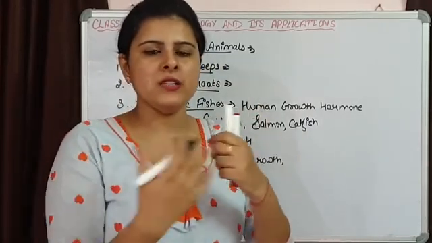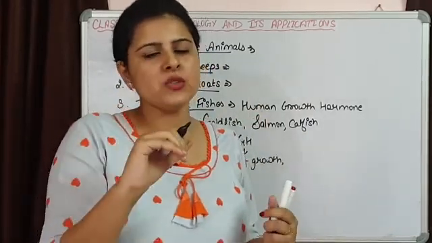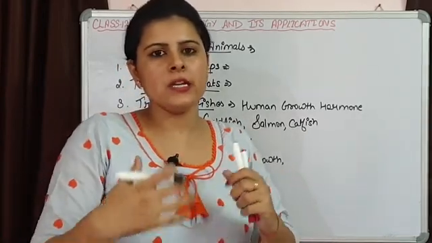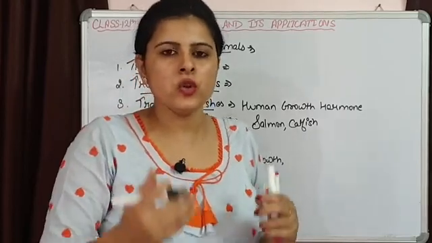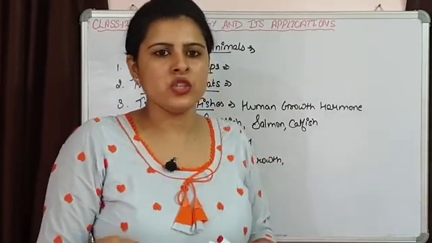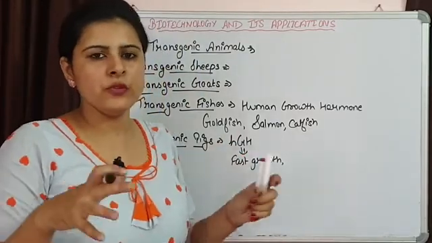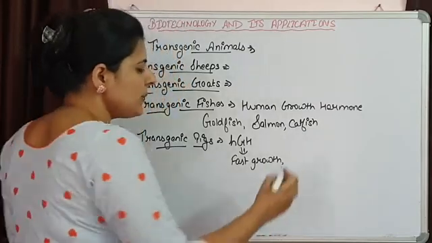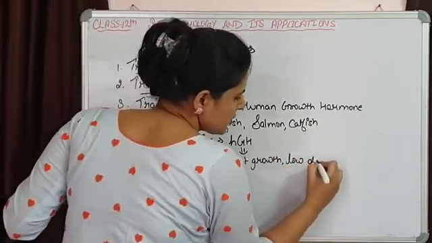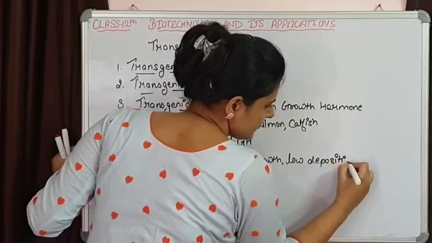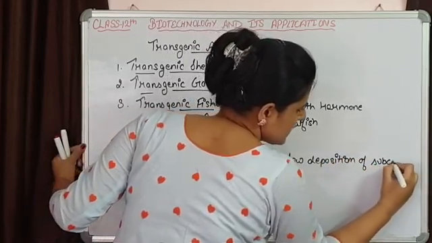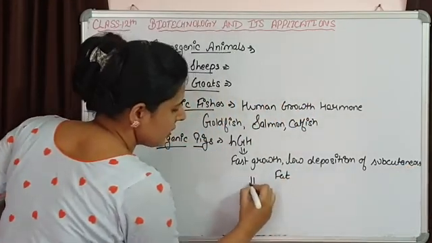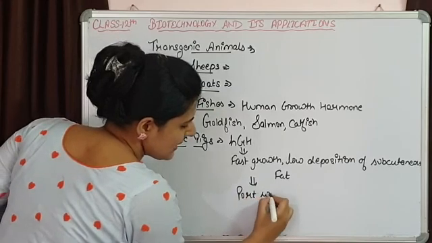Below the skin, fat is going to be deposited, so that fat is going to be low, and because of this the pork which we get is of low fat concentration. So, to obtain pork with low fat concentration, the gene for growth hormone is introduced into the transgenic pigs. So, fast growth will be there and there will be low deposition of subcutaneous fat, giving pork with less fat content.